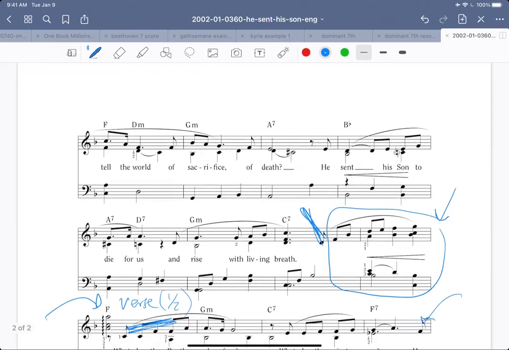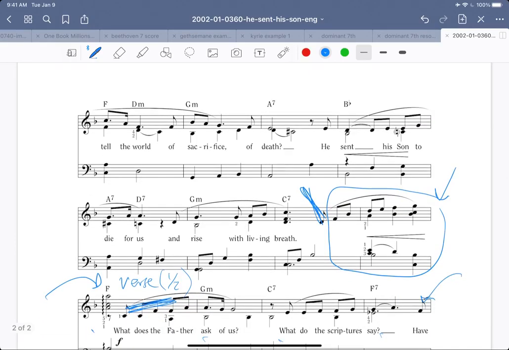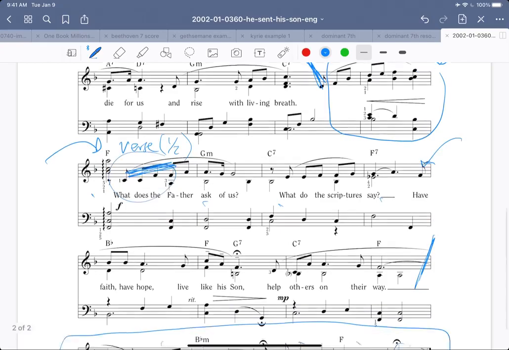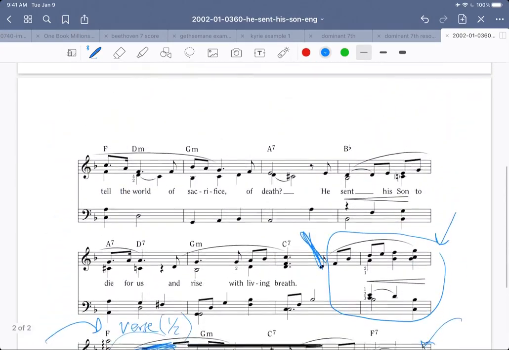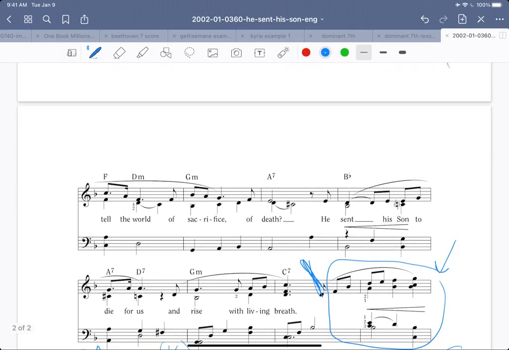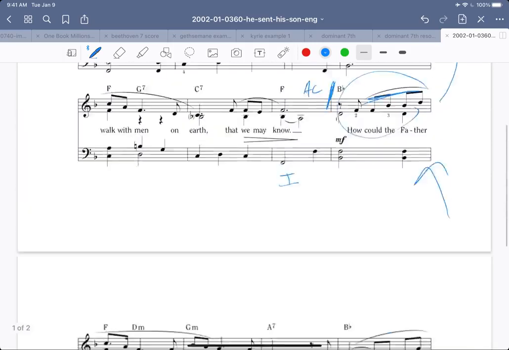And where's the next one? Here, and then the last one. They're all super similar, so it's almost like, with all this similar material, which direction can I go? How can I play with their expectations?